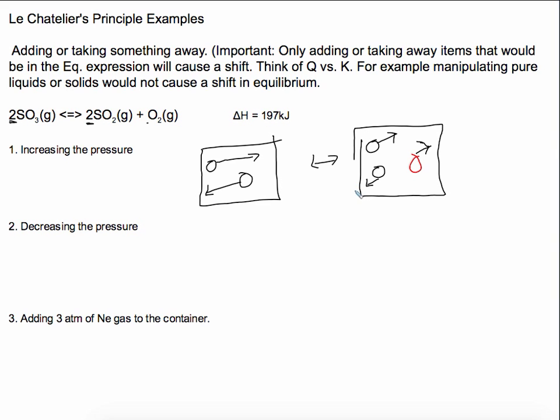So if you increase the pressure, this thing is going to want to decrease it. What would decrease it? Having 2 moles striking or 3 moles? Well, 2 moles striking the container would be less pressure than 3, so this one's going to shift to the left.